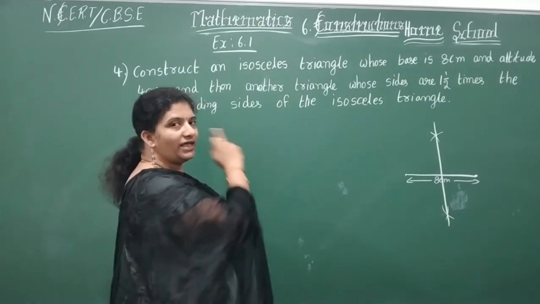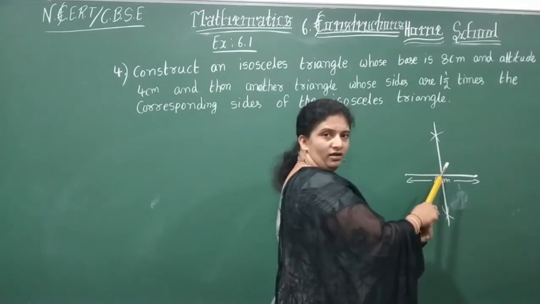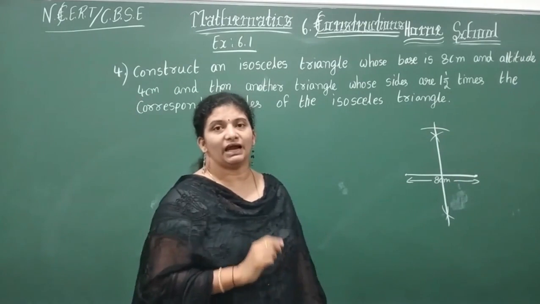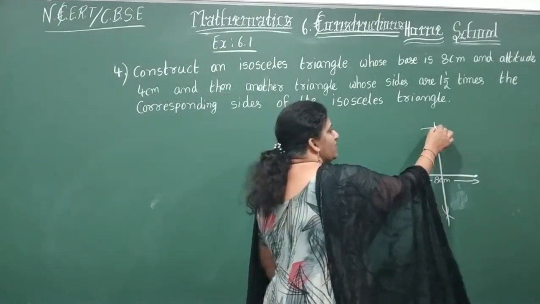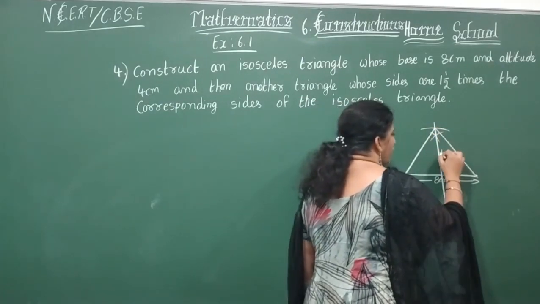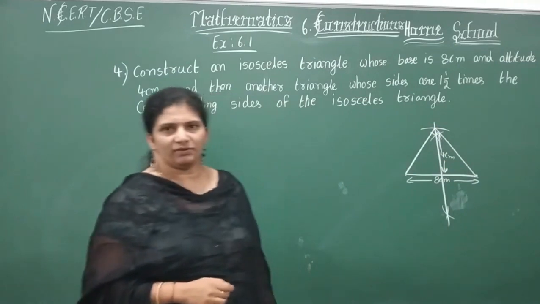The altitude length given is 4 centimeters. Put the point here. From here, 4 centimeters, cut the arc. From this point, you join. This will be 4 centimeters, children. The height of the altitude is 4 centimeters.